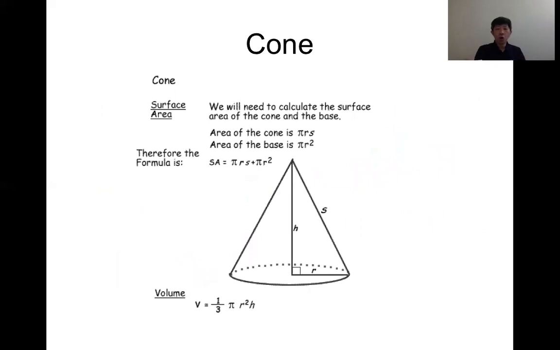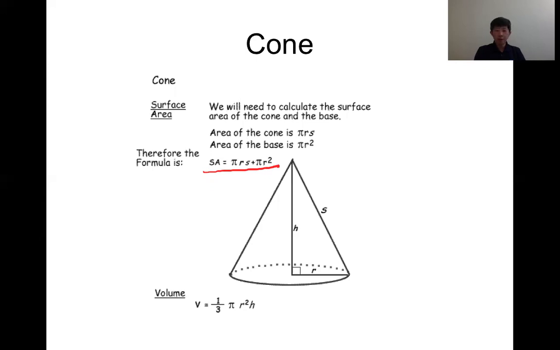Next, cone. For the cone, we find the surface area. Surface area is pi rs plus pi r squared. What does pi rs mean?